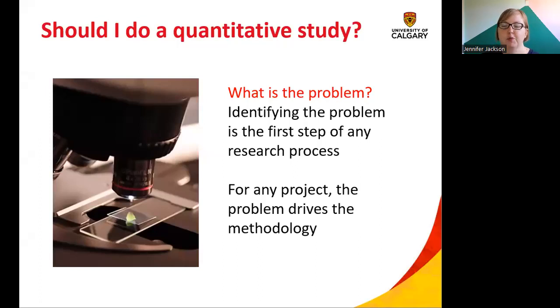So how do we know if we want to do a quantitative study? With any research, we want to look at what is the problem we are trying to solve, what is the question we are trying to answer, or in some cases, what is the hypothesis that we want to test. So we start with the big idea, and then we look at what is the best way of addressing that big idea.